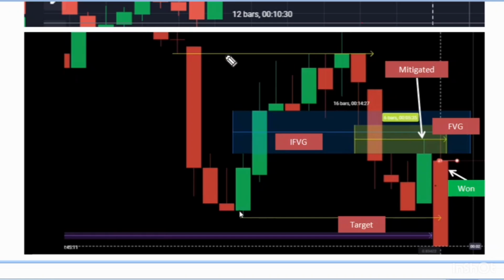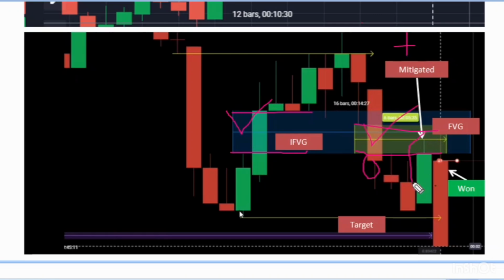Okay, so here we can also discuss again. So see, we also have discussed the gap is the liquidity. So it has already mitigated the gap, the liquidity has been swept, and then also the market created the gap here. So this bullish gap did not respect that, it as a breakout. So after the breakout this will become the inverse fair value gap, inverse fair value gap plus the fair value gap.